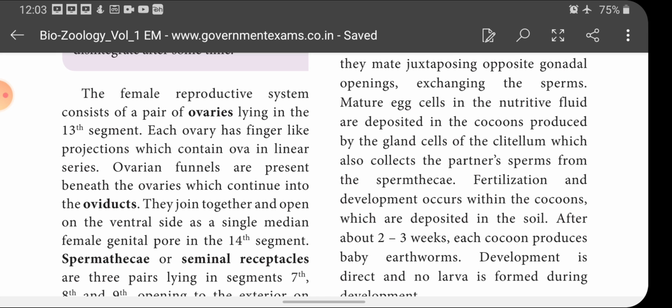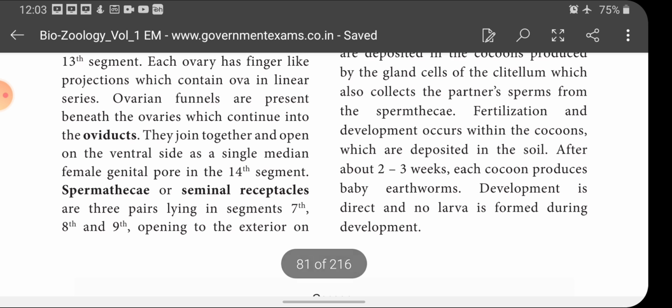So there are two ovaries, one on each side. Below the ovaries, the oviducts run parallel towards the back and open into a common opening, the single median female genital pore on the ventral side in the 14th segment.